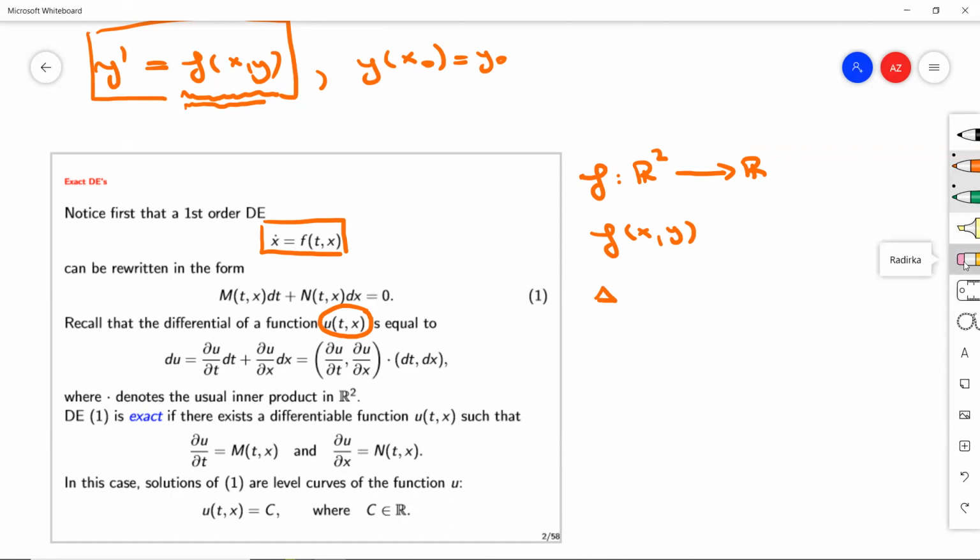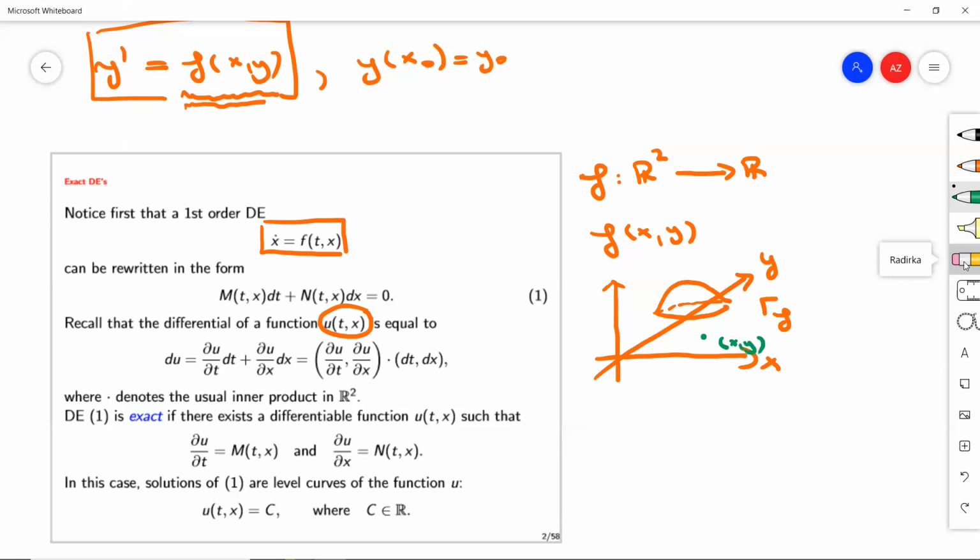So yeah, let's recall. Let's say we have a function of two variables, x and y, and its graph is some surface. This is the graph of f. And now we have some point here in the domain. So this is some point x, y.